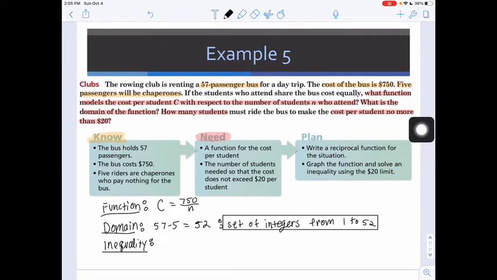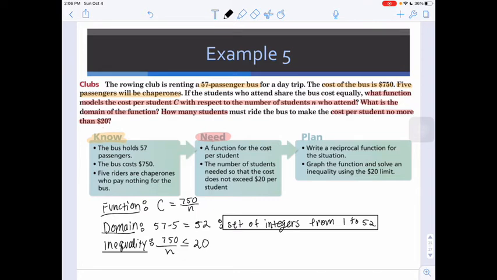Next, we want to figure out how many students we need on the bus for the cost to be no more than $20. So remember, the cost is going to be represented by 750 over N, and we want to max out at $20. So we're saying it can equal $20, but we want to spend that or less per student. So we have the inequality 750 divided by N is less than or equal to 20.